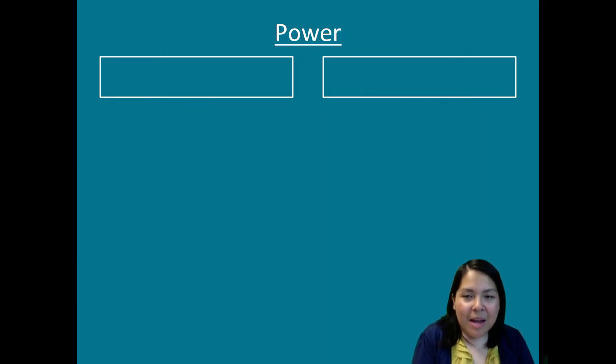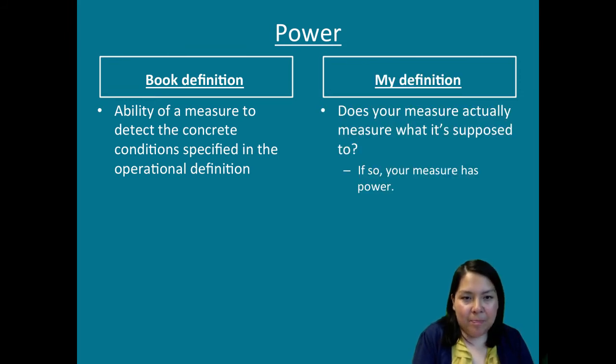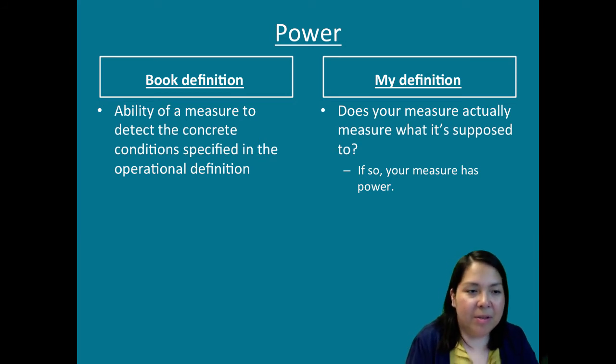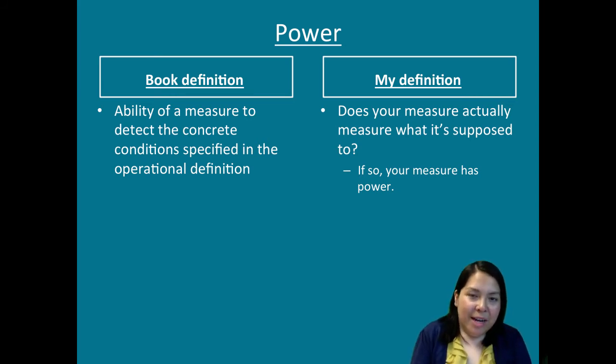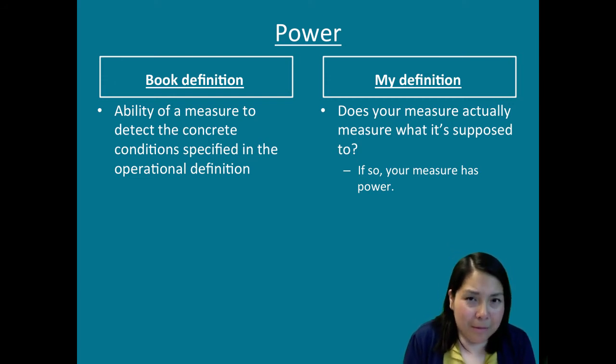The last definition that goes along with this is the term power. The book definition is presented, and then my definition is, does your measure actually measure what it's supposed to? Am I actually tapping into the construct of happiness just by measuring the number of smiles or the number of times a person laughs?